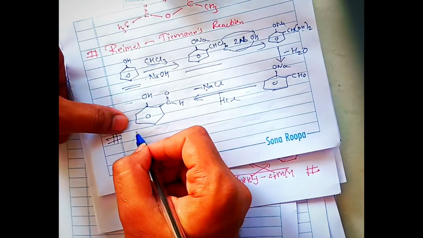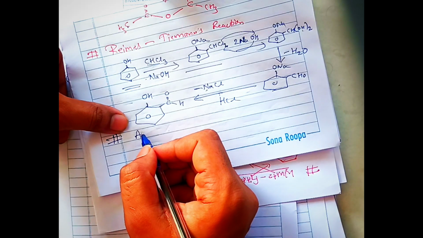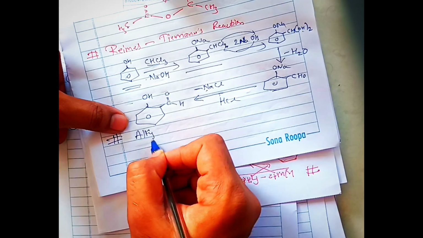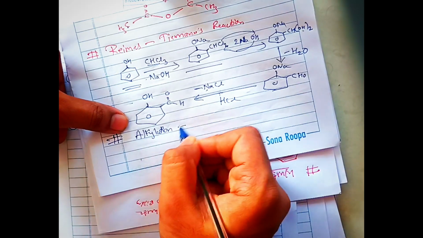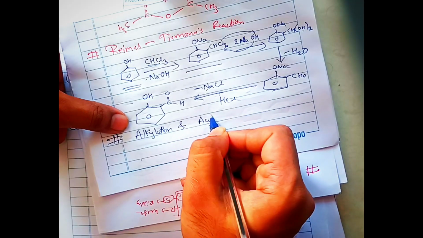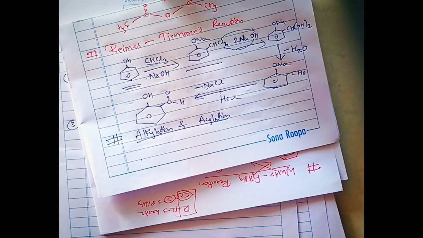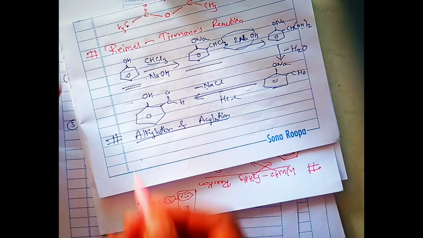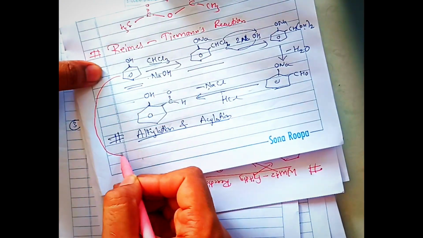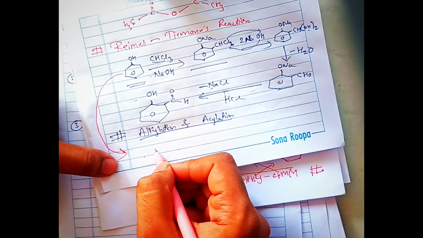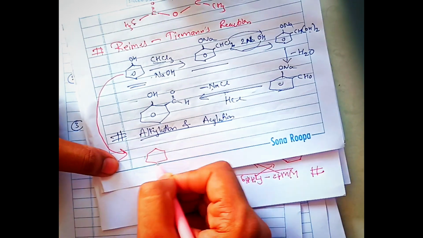Okay, next will be Friedel-Crafts alkylation and acylation. Okay, here also a similar condition will take place, but this phenol is replaced with anisole.